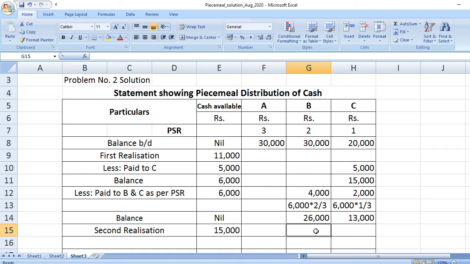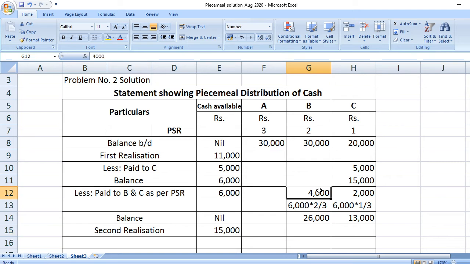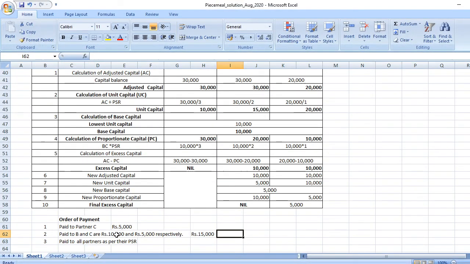Now see that friends, in our order we have to pay 10,000 to B and 5,000 to C. We paid only 4,000 to B and 2,000 to C. Now we have a sufficient amount to pay the remaining balance. It means from this 10,000 we paid only 4,000.